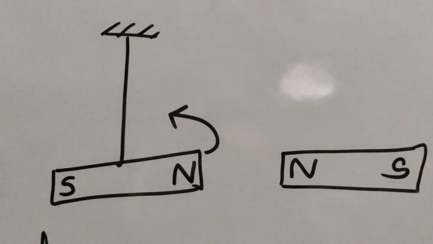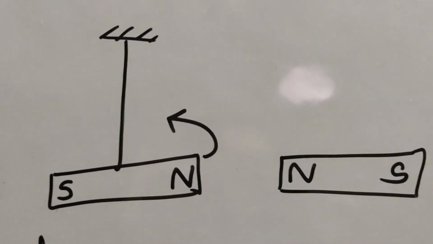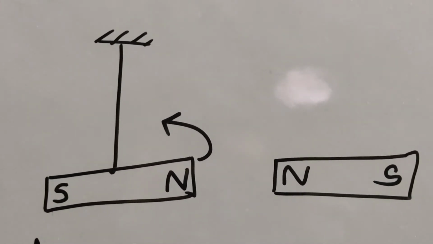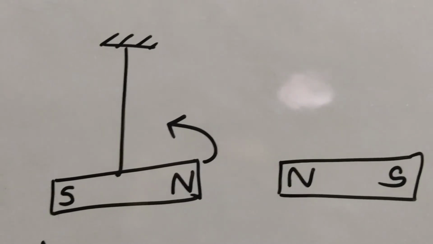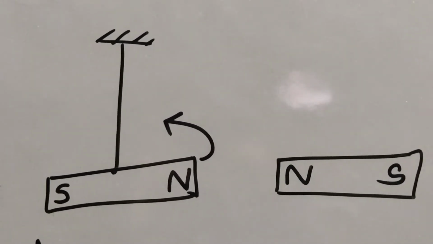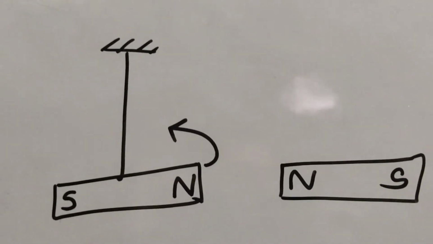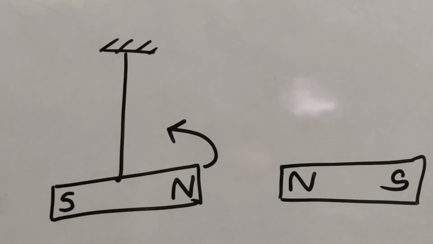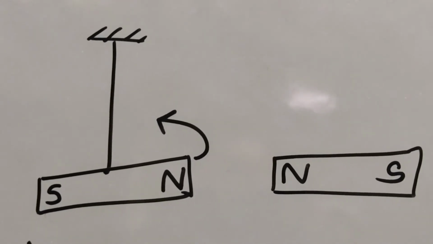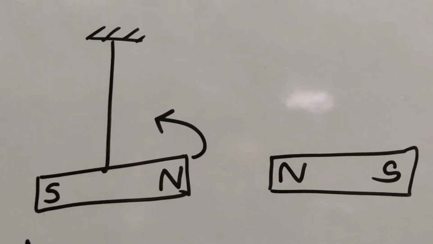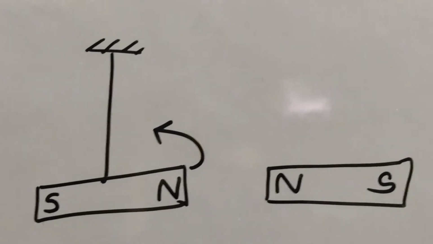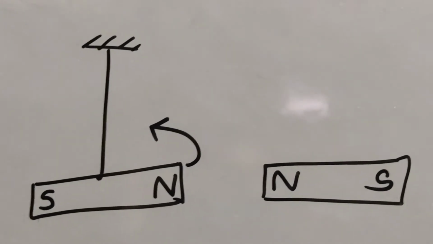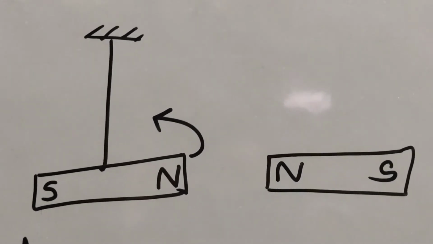It means north pole will repel north pole, south pole will repel south pole, and north and south will attract each other. So now we know the two properties of magnets. One, that when freely suspended it always points in north-south direction. Secondly, that like poles repel each other and unlike poles attract each other.